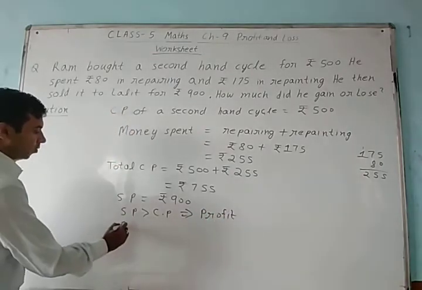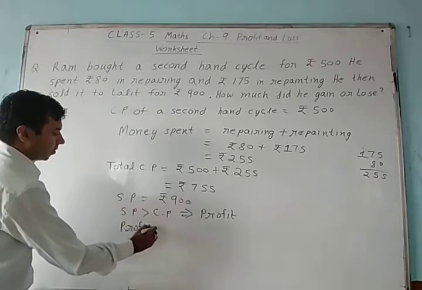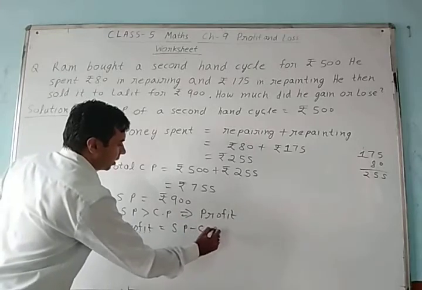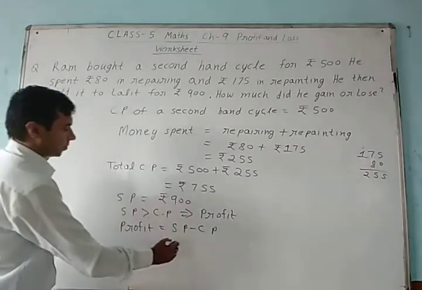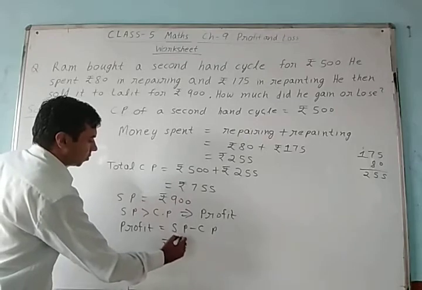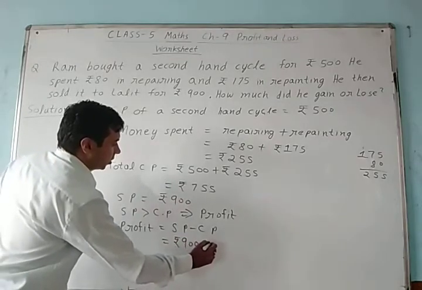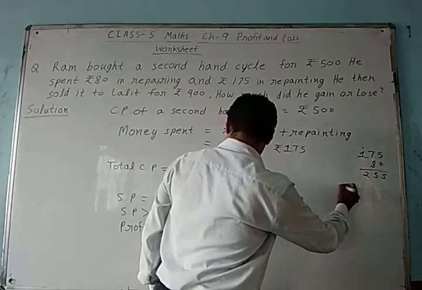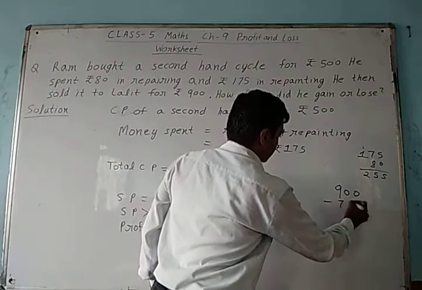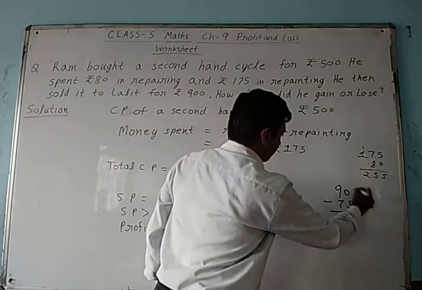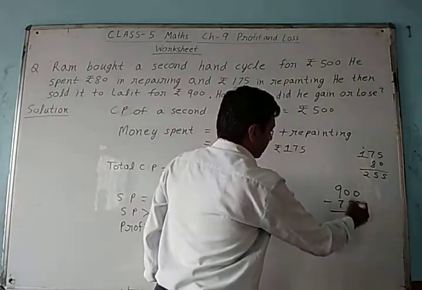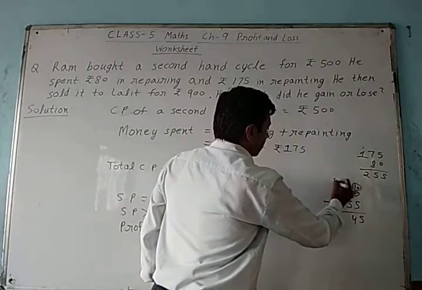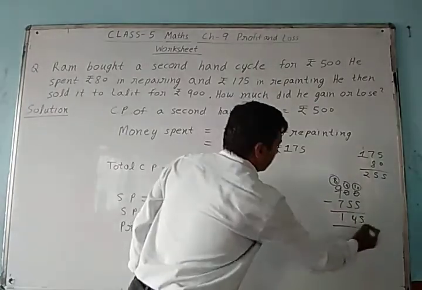Now we all know profit is equal to what? Profit is equal to selling price minus cost price. Now put the value. Selling price rupees 900, cost price rupees 755. Subtract 900 minus 755: 10 minus 5, 5; 9 minus 5, 4; 8 minus 7, 1.